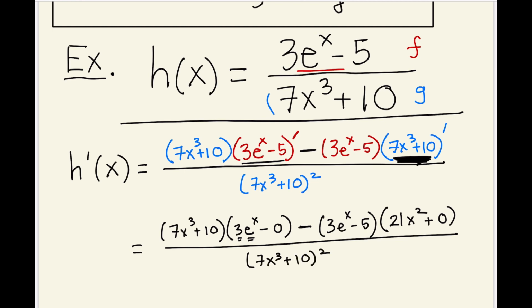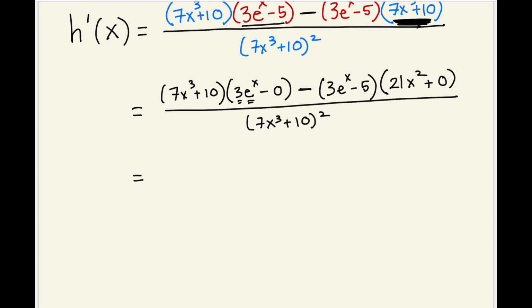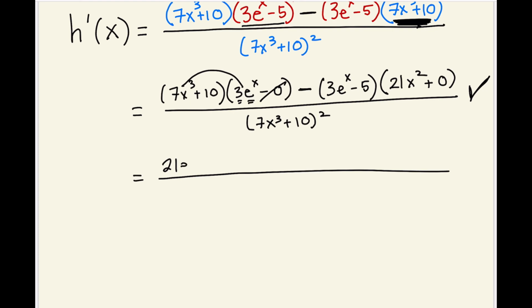I'm going to clean this up a little bit. This is just 0. I'm going to distribute this, and like I said, you're done at the previous step; you've computed the derivative. But I'm going to clean it up and distribute. So it looks like I have 21 x cubed e to the x plus 30 e to the x.